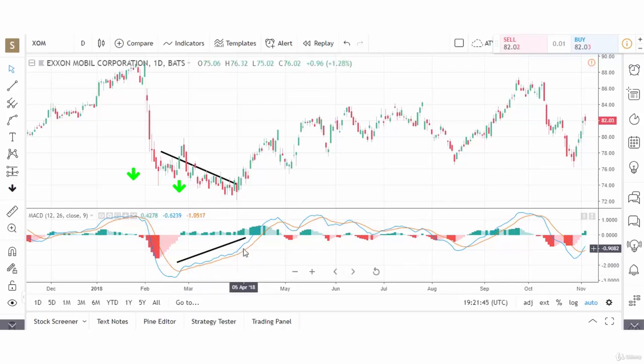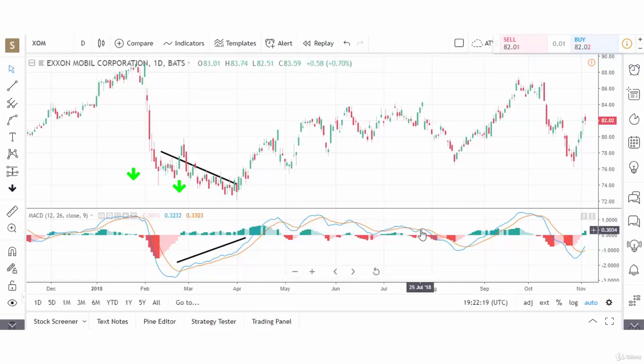So this should tell us, if we're short the stock, to tighten our stops and possibly look for an exit of our short and prepare to go long. The MACD crosses the zero line, which is bullish. The stock moves up. We then have the MACD continuing in bullish territory.